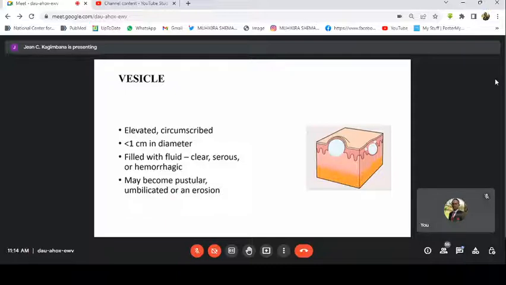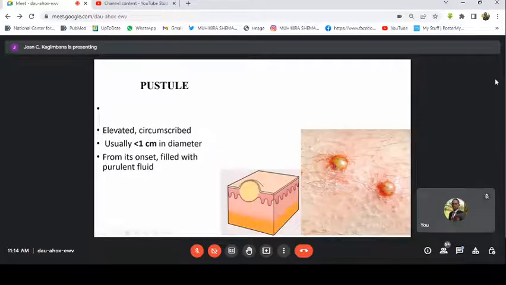Now you will have a pustule. A vesicle and a pustule are similar, but the difference resides in their contents, because this one is purulent.